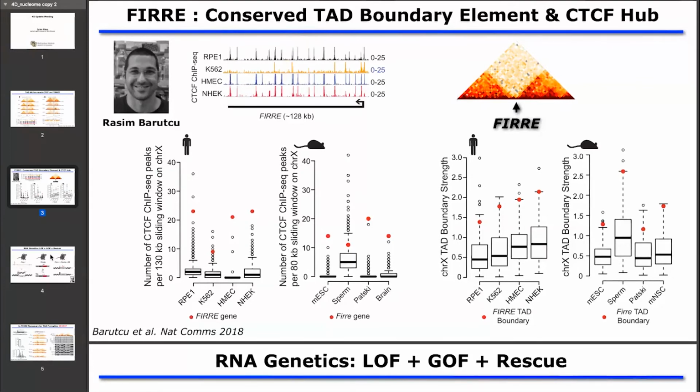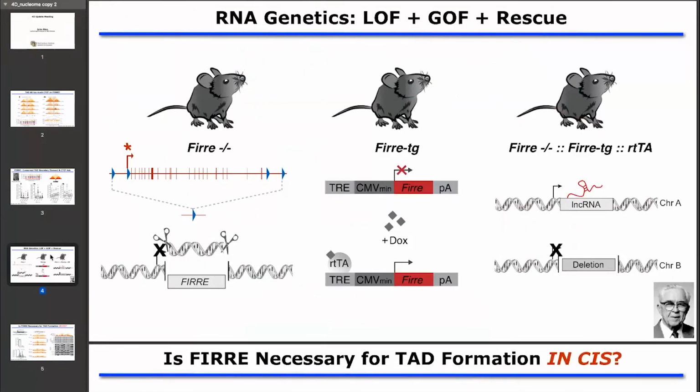So the logical thing Rinn wanted to do is use a genetic approach where we delete the swath of CTCF sites, shown here on slide 4, by deleting the entire FIRE locus, including its promoter, which people are starting to realize are more and more like enhancers.